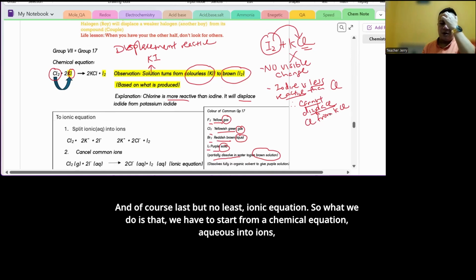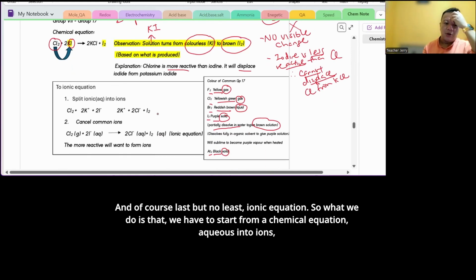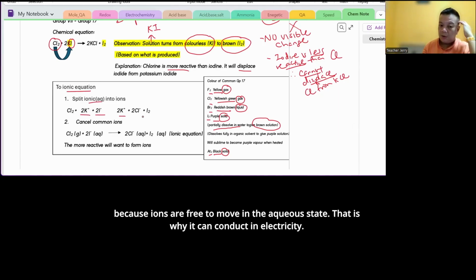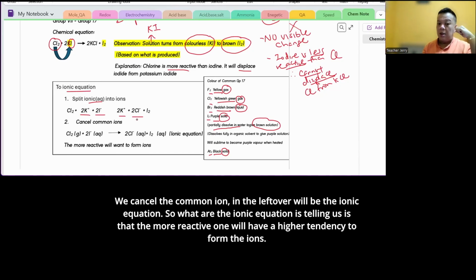And of course, last but not least, we talk about the ionic equation. We have to start from a chemical equation. We split the aqueous substances into ions, because ions are free to move in the aqueous state, which is why they can conduct electricity. Then we cancel the common ions, and what is left over is the ionic equation.